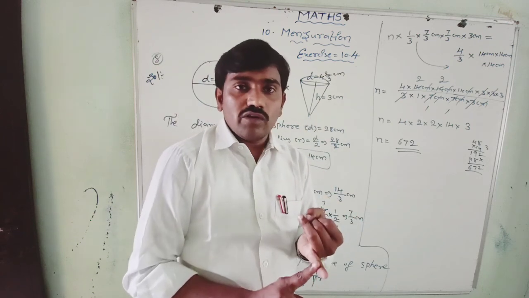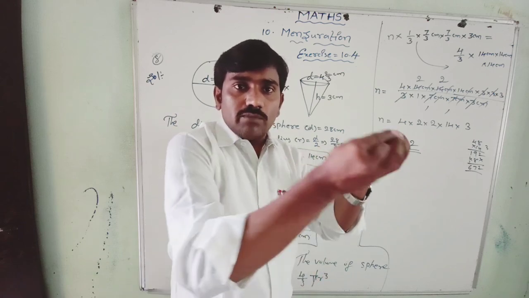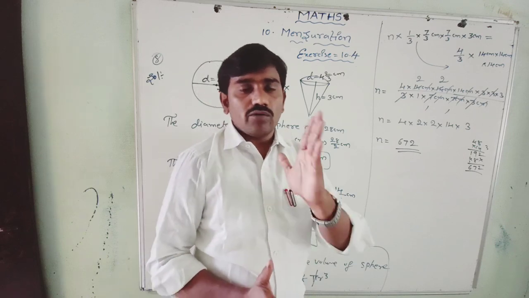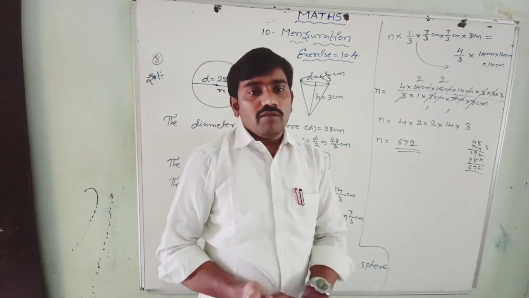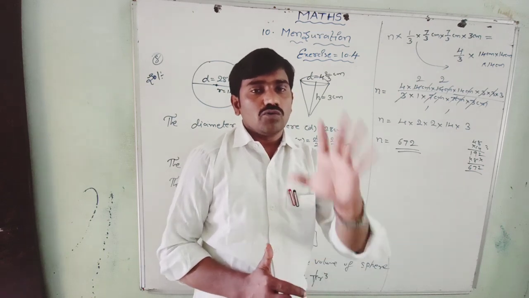You only need to substitute the values and find the answer. That's it. Read the question carefully and try to analyze it. Once you practice all 4 exercises properly, you will get an idea of how to do this chapter.